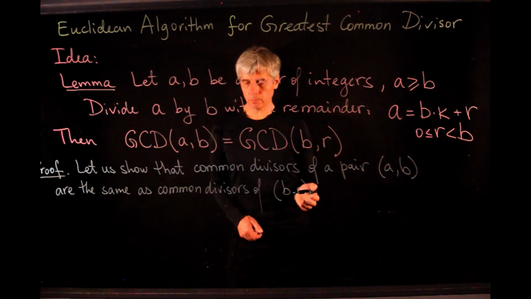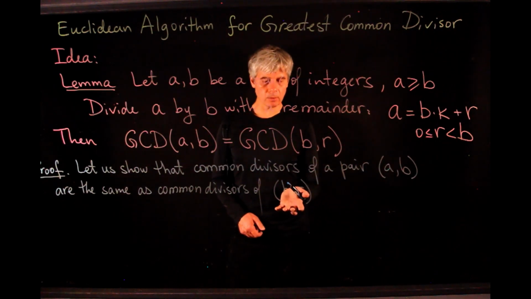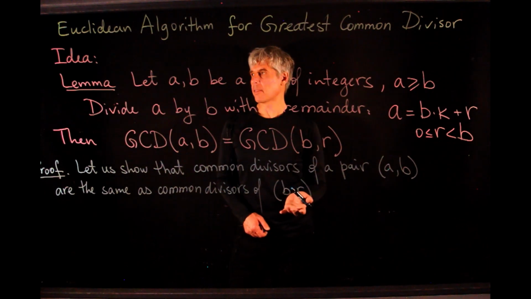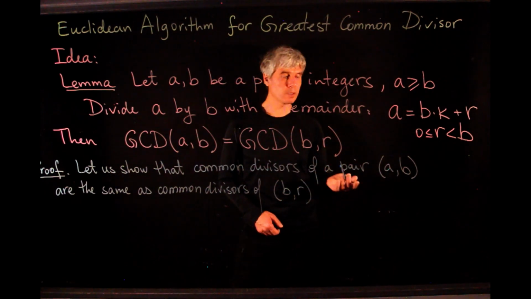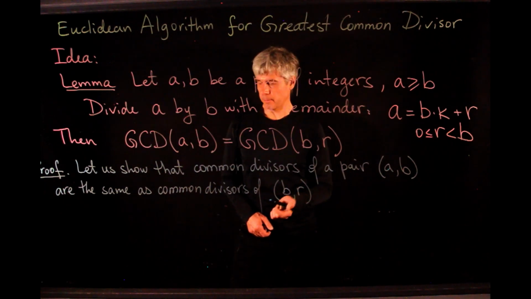So if we show that common divisors of this pair are the same as common divisors of this pair, then clearly the greatest common divisor of this pair is equal to the greatest common divisor of this pair.